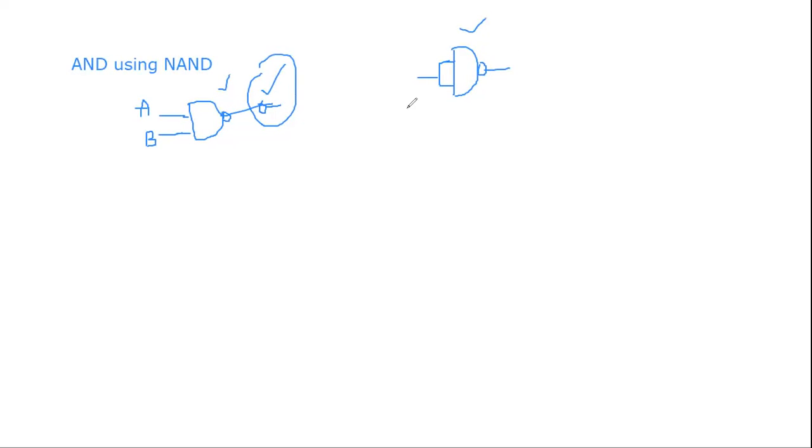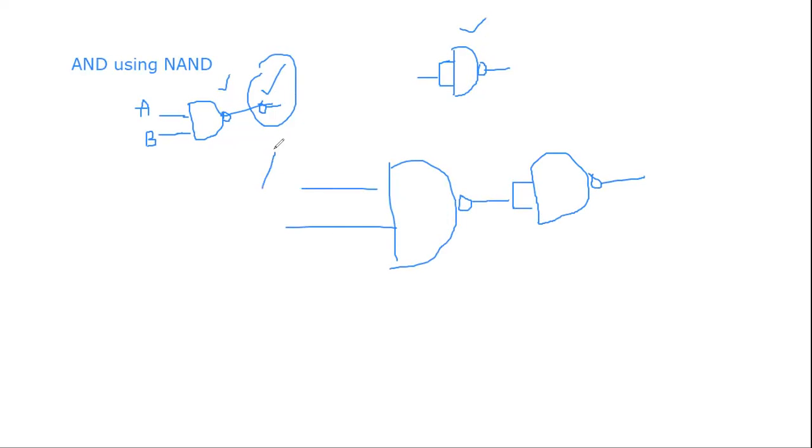Replace this bubble with this circuit. Then what happened? A, B. This is a NAND gate, right? So the output is AB whole bar. Now I am using an inverter. Inverter means complement of this one, right?